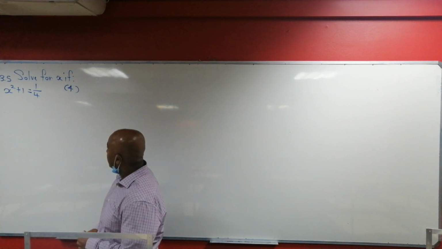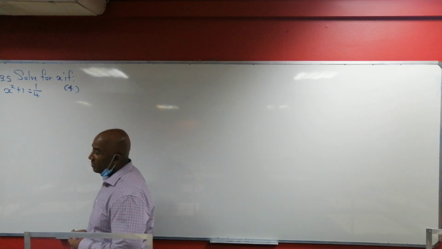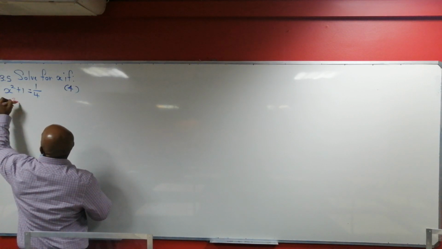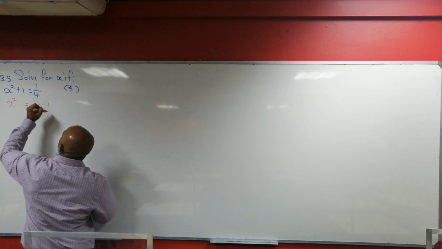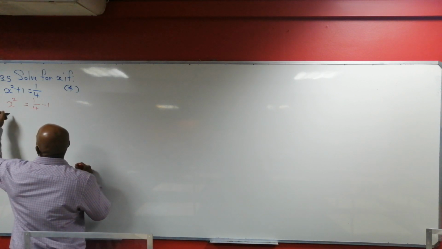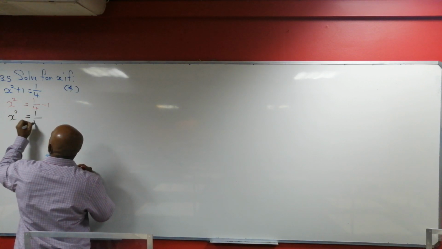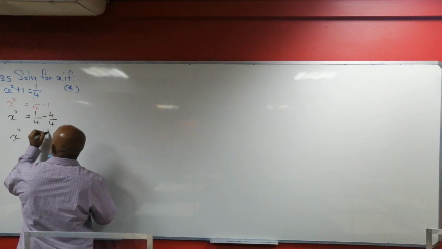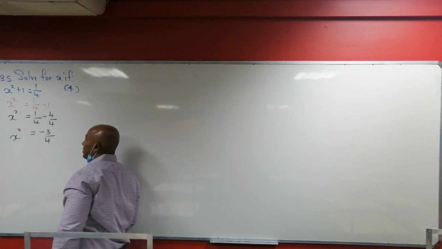For 4 marks, this was a luck in the November 2020, because all you're doing is solving for x here. So, x squared is equal to 1 over 4 minus 1. You can see that? So, x squared is equal to 1 over 4 minus 4 over 4. So, x squared is equal to minus 3 over 4.